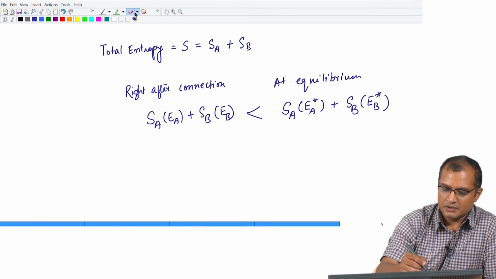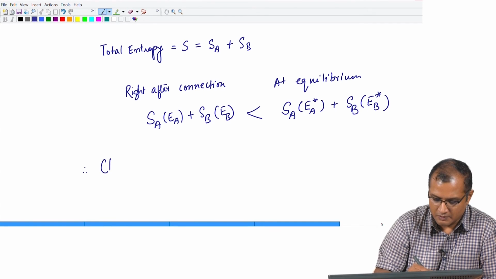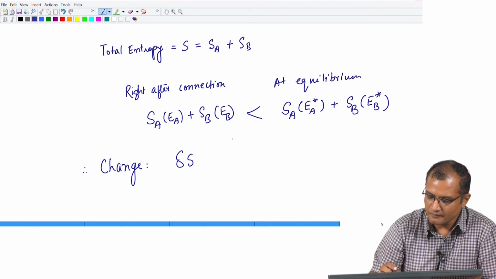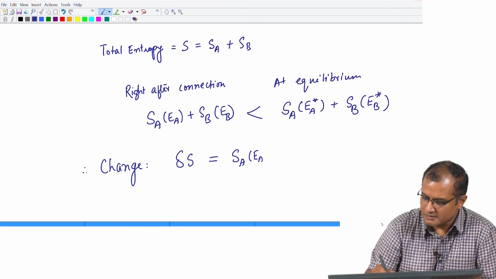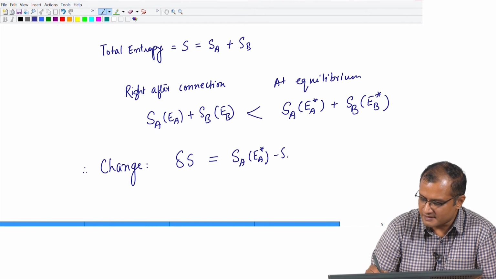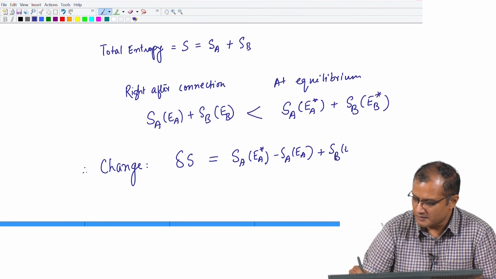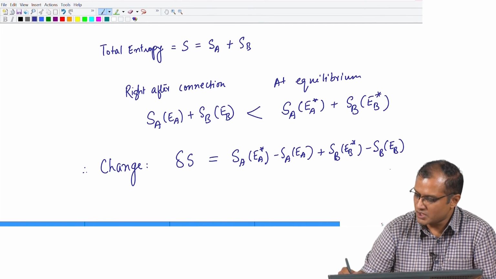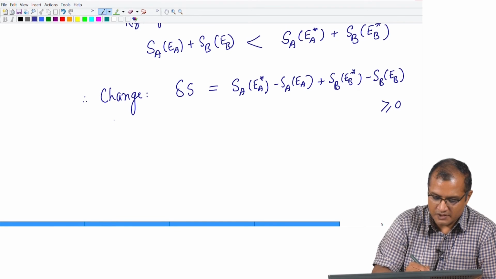If I want to compute the change in entropy, delta S, that change will be nothing but S A at E A star minus S A at E A, plus S B at E B star minus S B at E B. And I know that this change will be greater than or equal to 0, because the change is irreversible.